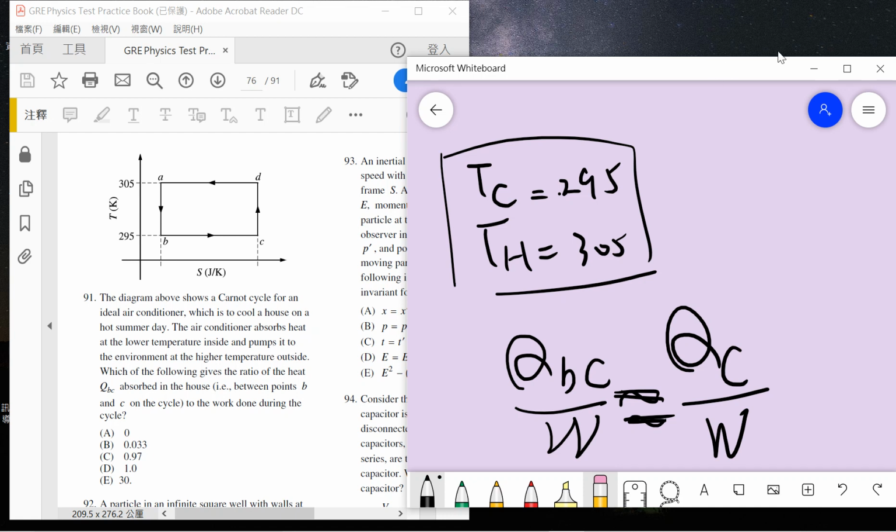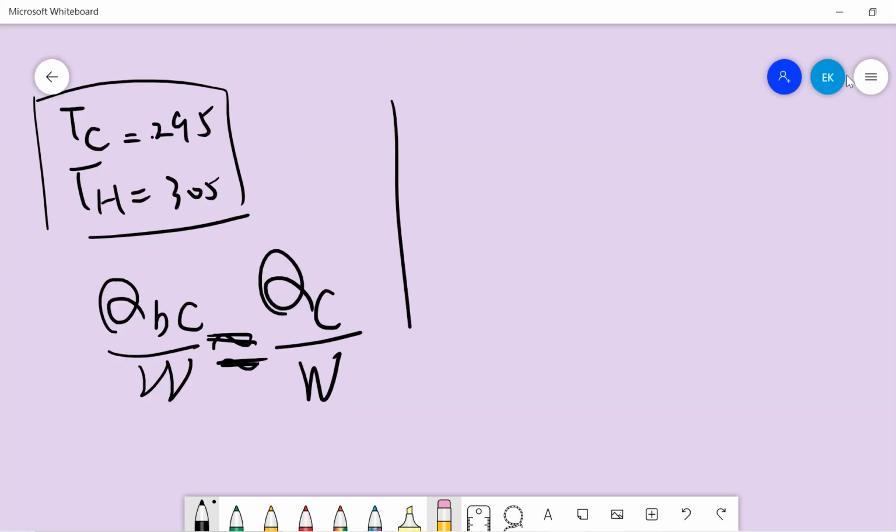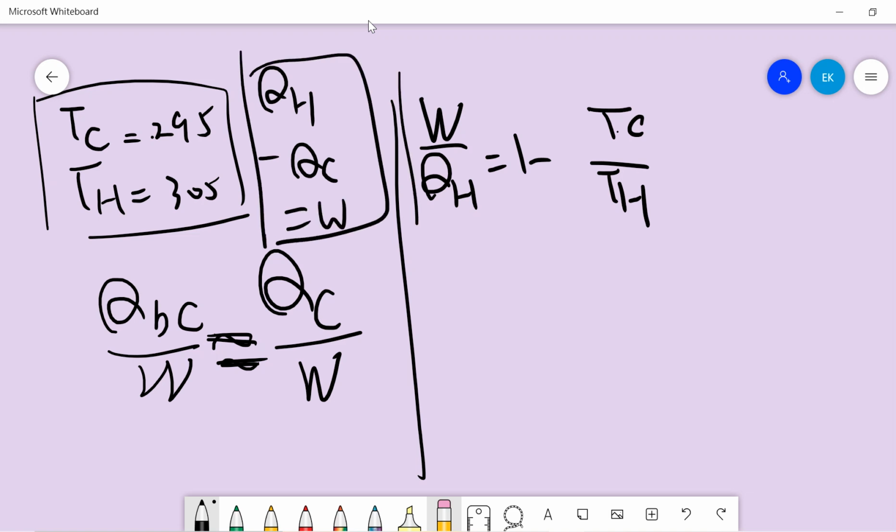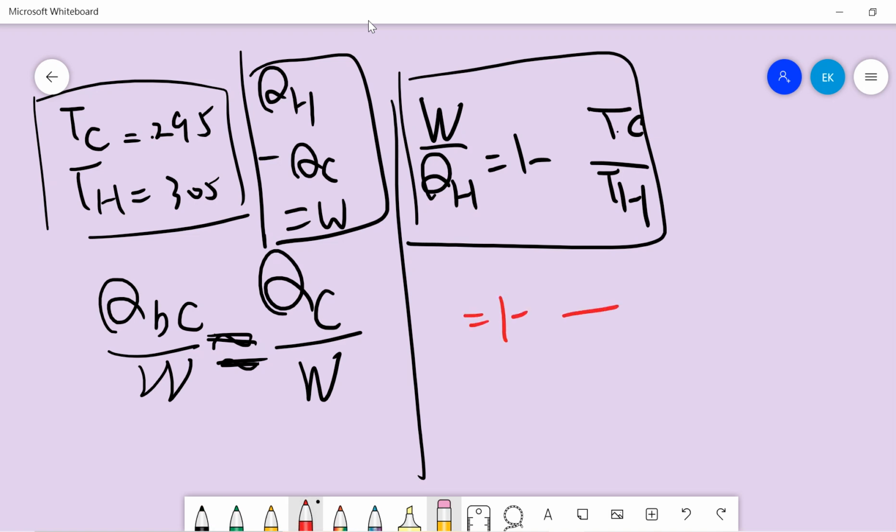Remember that one important formula is the Carnot efficiency. Basically, W over QH is 1 minus TC over TH, and QH minus QC is W. So you have some formulas and some parameters, and you just plug in TC and TH.